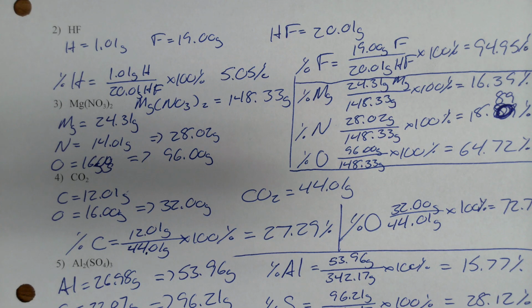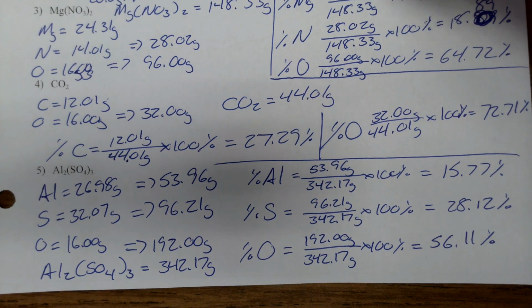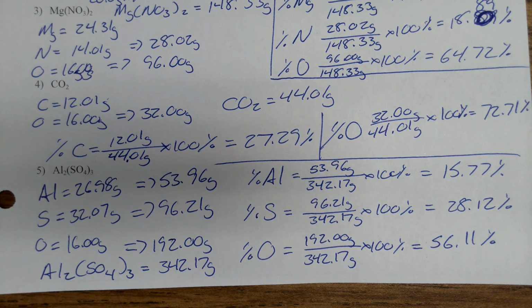Which one are you not catching on? Number 3. All right. Do you remember with number 3 here? Let's slide it up a little more. With number 3, we got that it's magnesium nitrate, right? So that means I need 2 nitrate groups here to cancel out my charges.